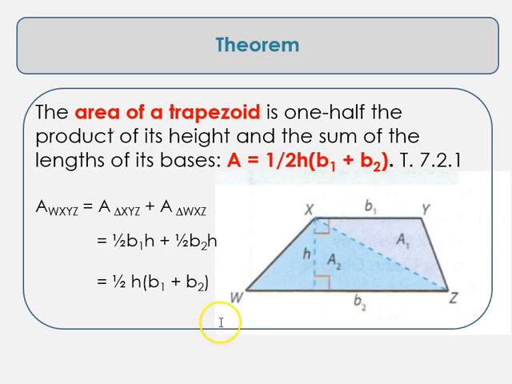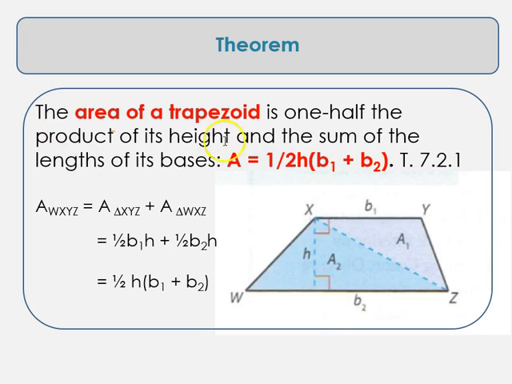So first, before we begin, let's look at this trapezoid. It's obviously not isosceles. You can see the two triangles that the diagonal creates, and it shows you a height, and you have base 1, which is XY, and base 2, which is YZ. They have the triangles labeled A1 and A2.